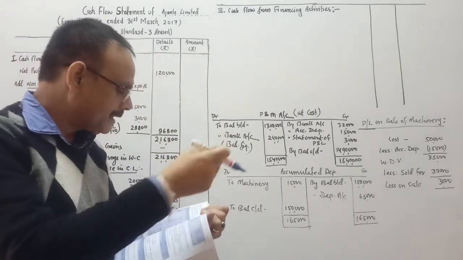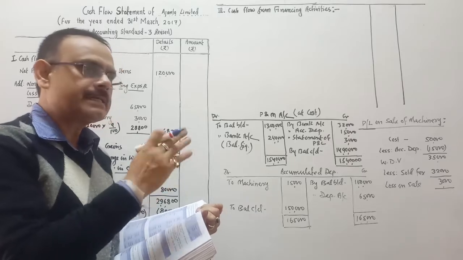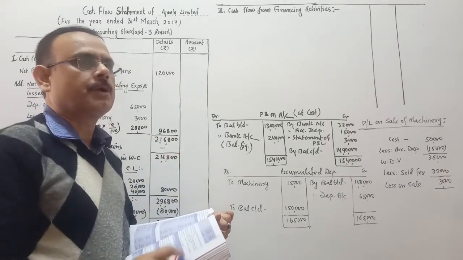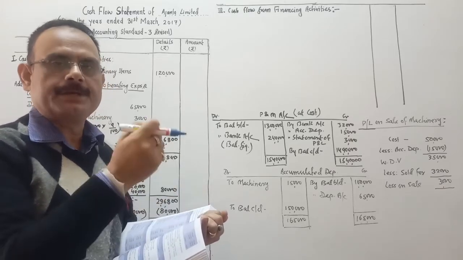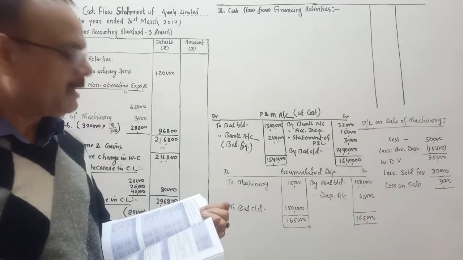For that you have to see the change in owner's capital and borrowed capital, in the balance sheet on the liability side, in the equity and liability.